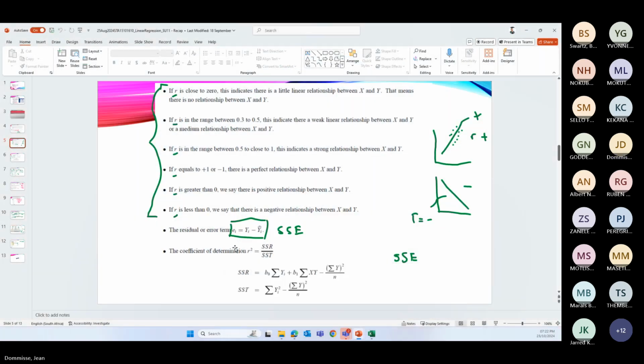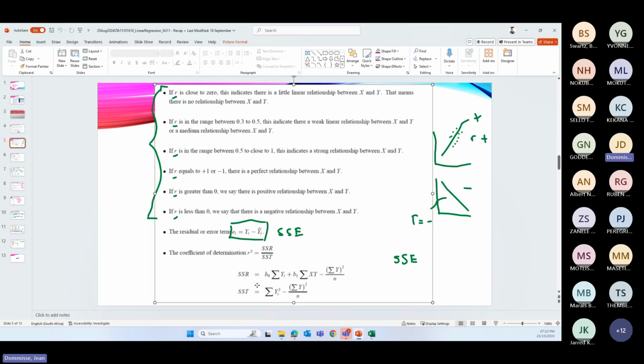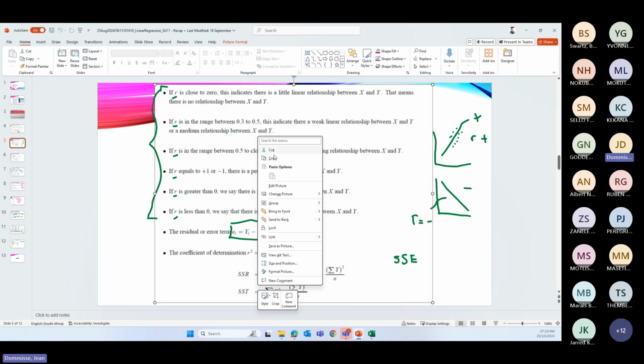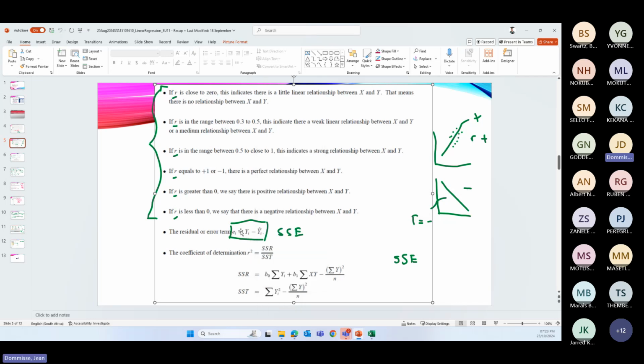So I worked out the SSE. Huh. Okay, so we're looking for the SSR. Okay, so that is totally a different formula. I actually worked out the SSE with one of those. So we need to get the SSR.